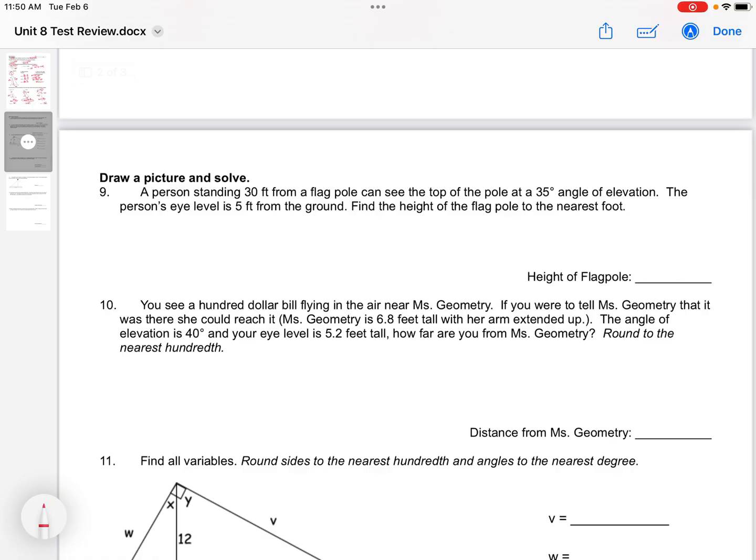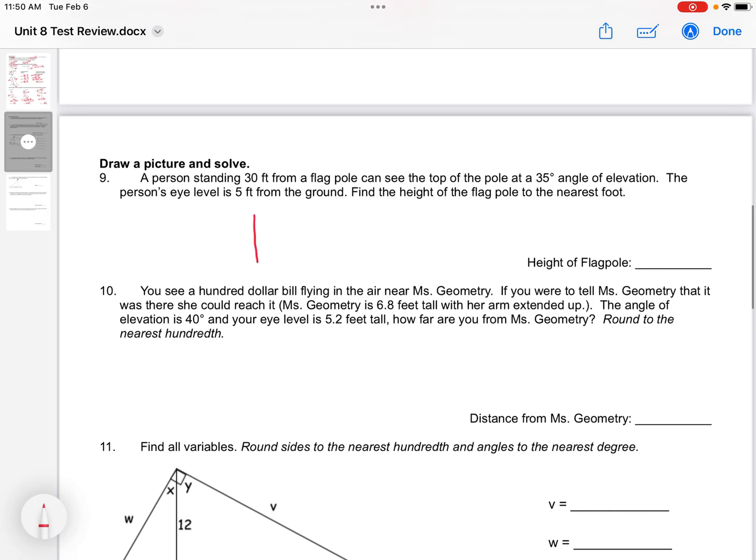All right, so remember when we're doing word problems, okay, it got really loud. Everything's going to look like a right angle. Okay, so we need, so we have this, we have a person. So here's my flagpole. Here's my person.